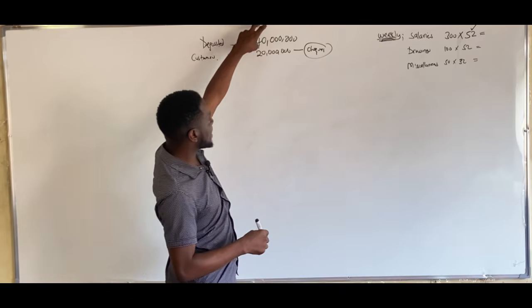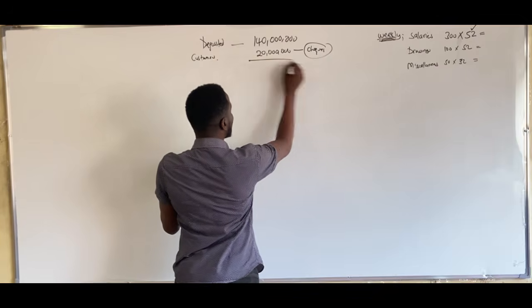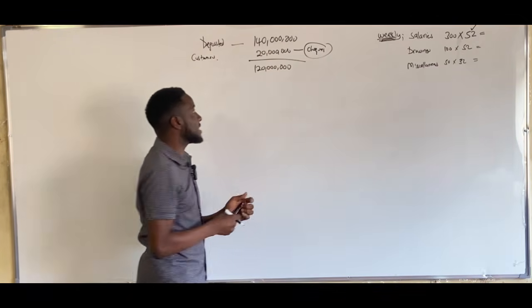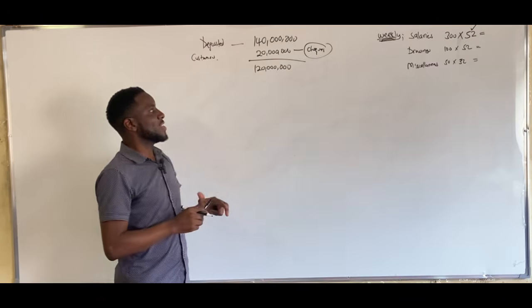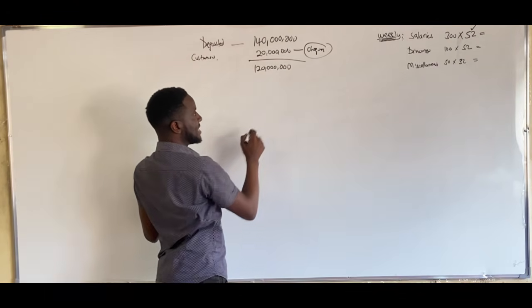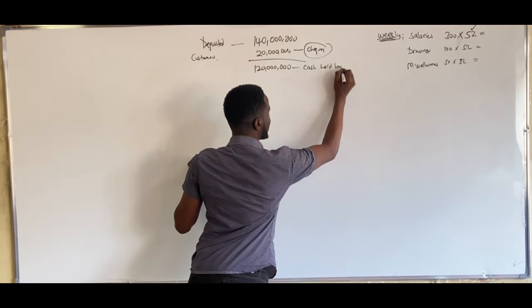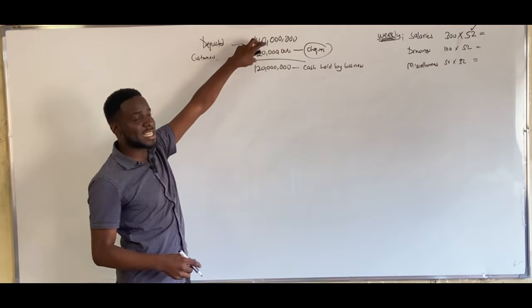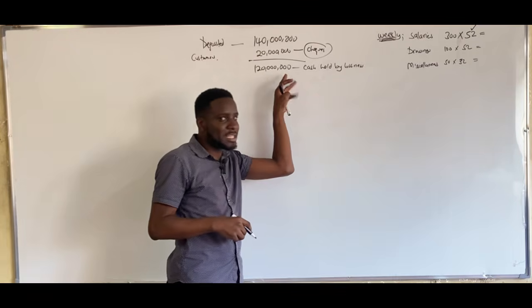But then they told us that this money was all banked. Meaning that there's a 120 which was cash, because the question said the remaining was cash. Since the remaining was cash, it means this was cash held by the business. The 20 millions that came in as checks were added to what we had in the business.